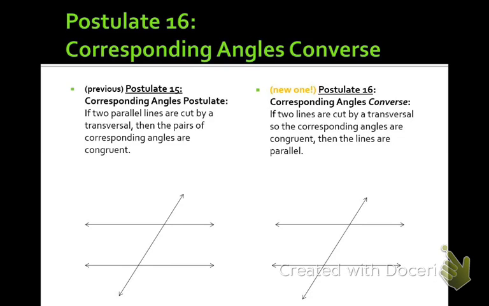And because the two lines are parallel, then we know that those corresponding angles are going to be congruent. So we knew the lines were parallel first. Because of that, we knew that the corresponding angles have to be congruent.